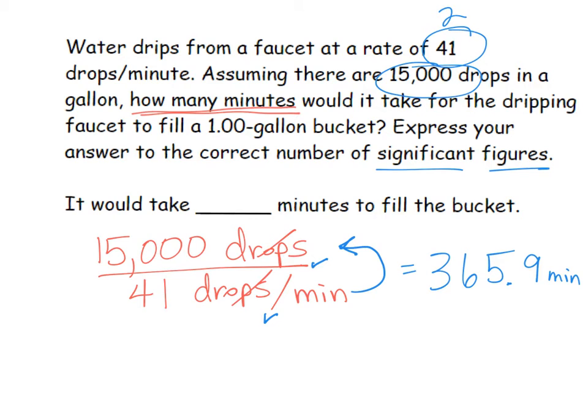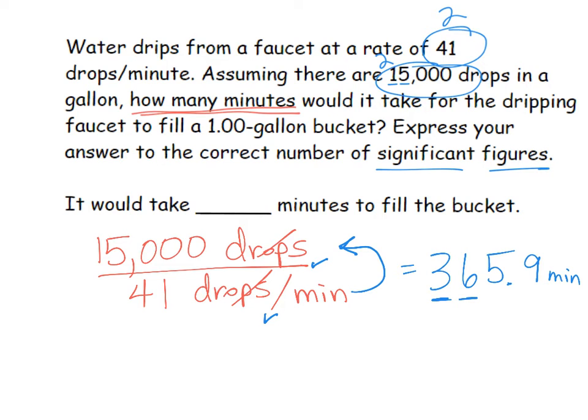Okay, these zeros are not between two non-zero digits. They're at the end. So they are not significant, okay? So there are only 2 significant numbers in the 15,000. That's the 1 and the 5. So since each of these had 2, my answer can only be expressed in 2 significant digits.